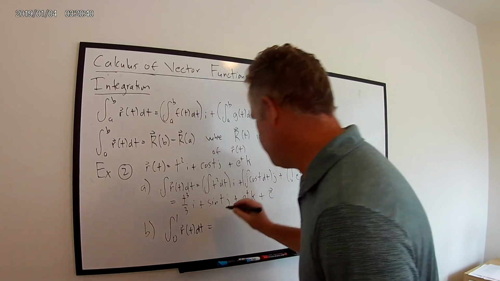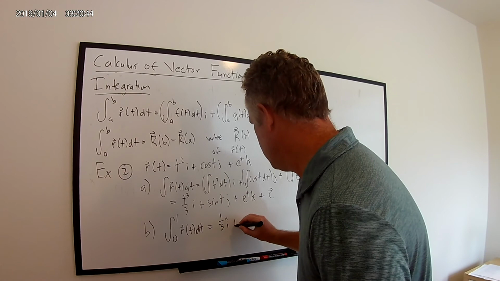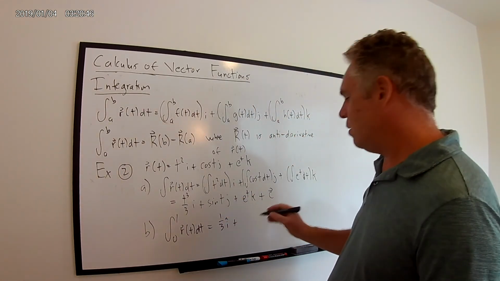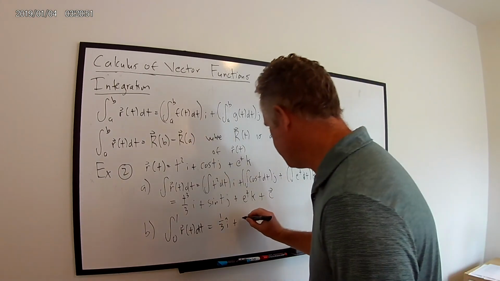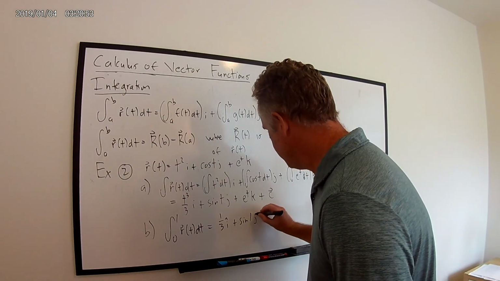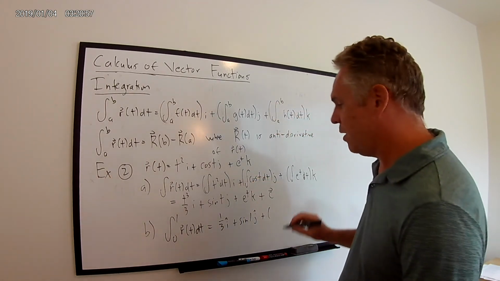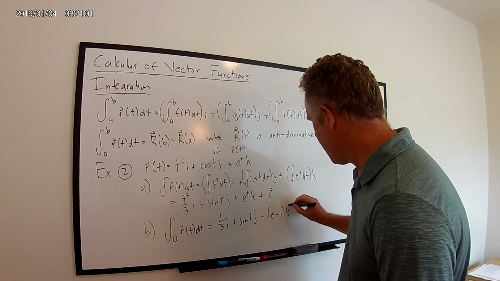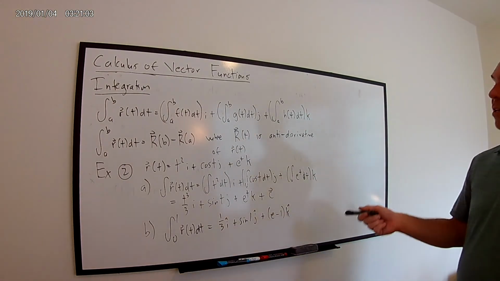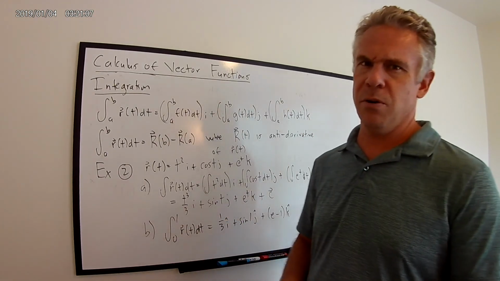If we plug in the limits, we get 1/3 i hat, sine of 1 minus sine of 0. Sine of 0 is 0, so we just get sine of 1 times j hat. This last piece, we have e to the 1 minus e to the 0. That's e minus 1 times k hat. And so this is the integral of our vector function, the definite integral from 0 to 1.